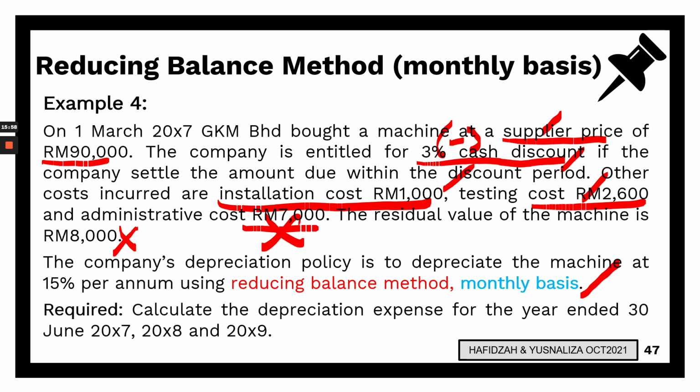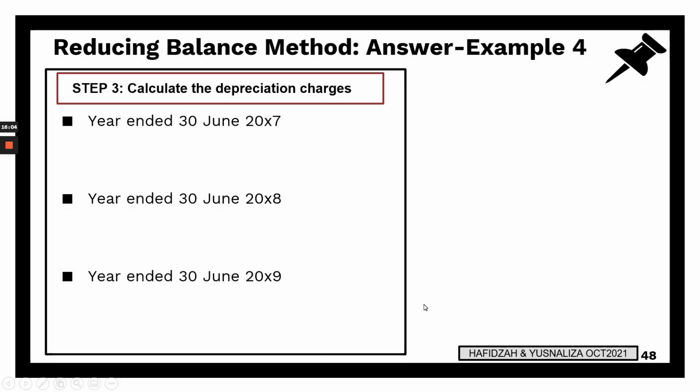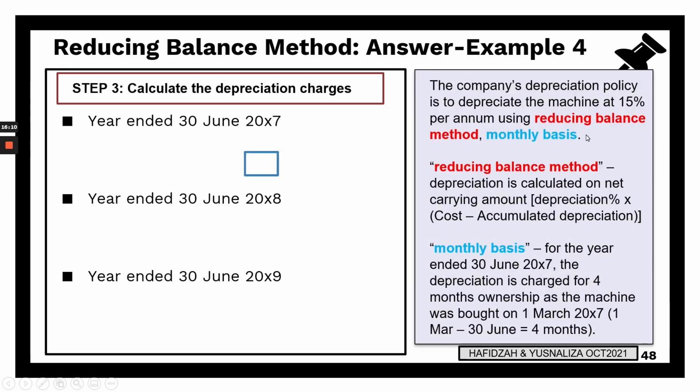Now it's monthly basis, reducing balance method. The same year is selected to calculate depreciation. So first extract the information. So these are reducing balance method, monthly basis, and reducing balance method is calculated based on net carrying amount, cost minus accumulated depreciation.